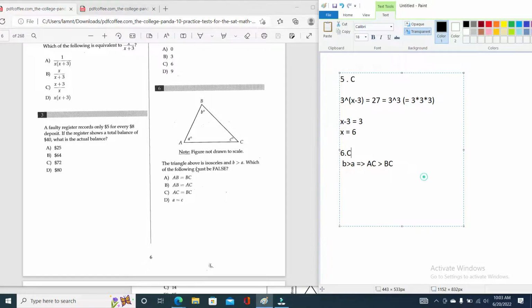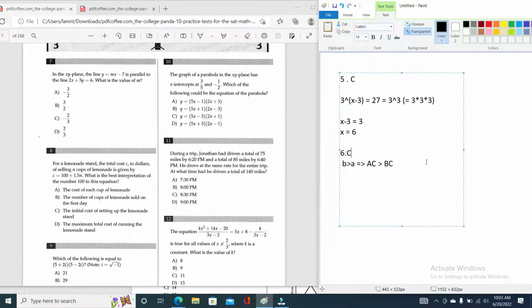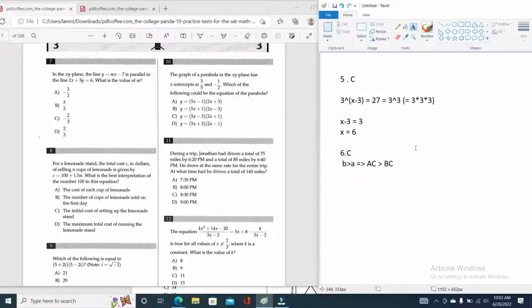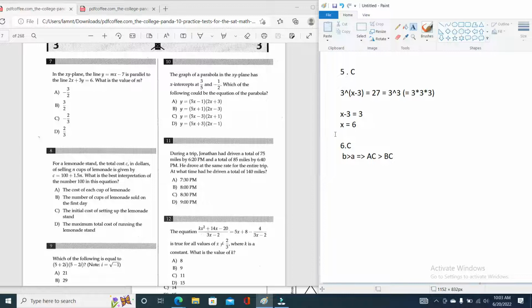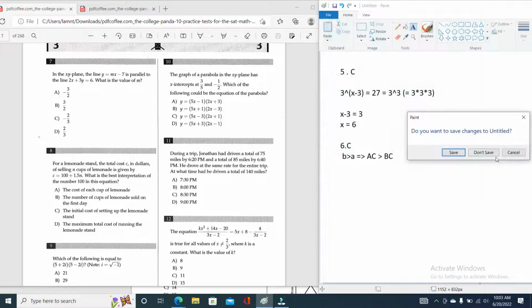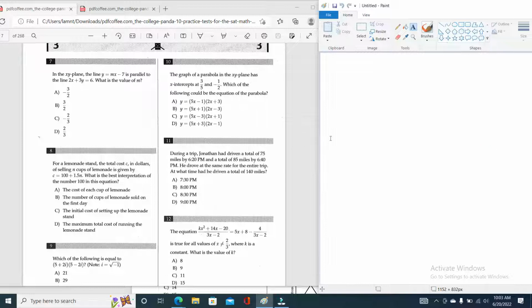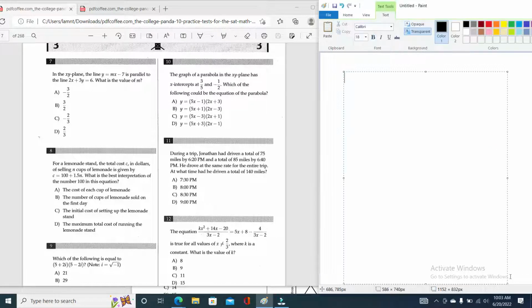All right. Number 7. Okay. Alright, so d1 is y equals mx minus 7. Okay, so let's go, d1, line 1.